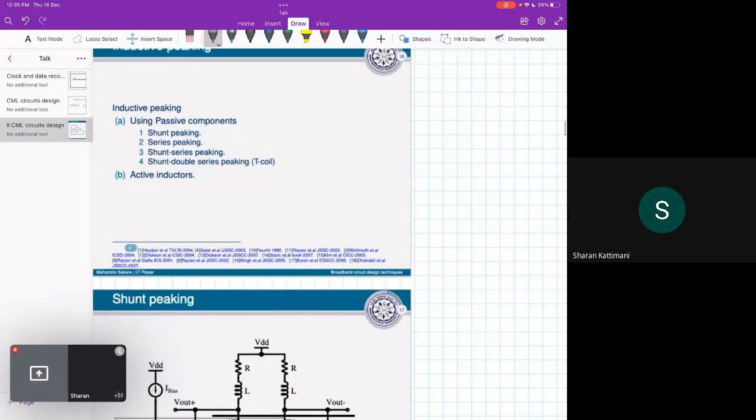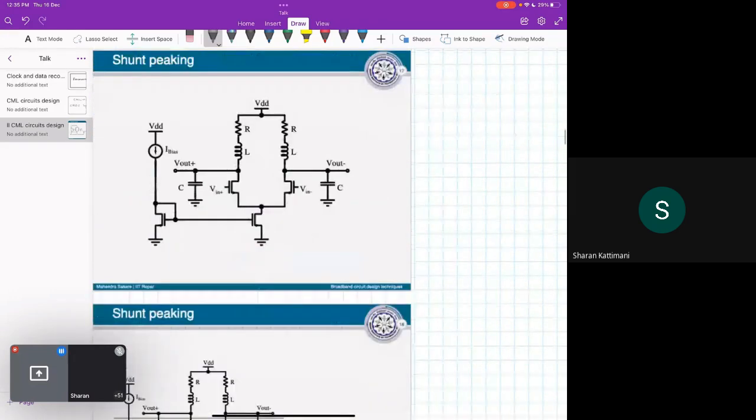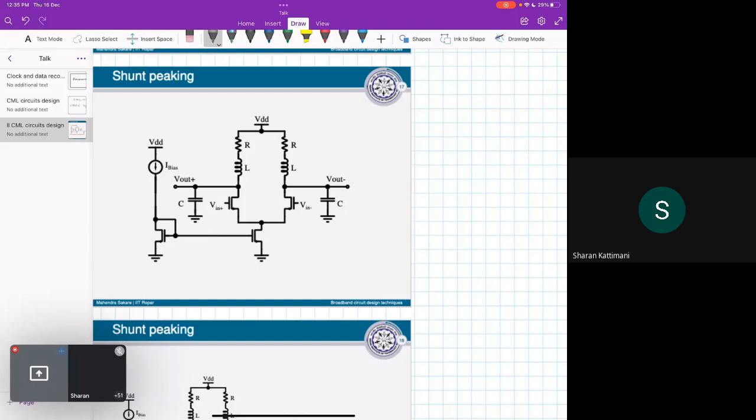Okay, then another technique is inductive peaking. In inductive peaking, what you will do is you will put an inductor in series with the resistor. Here you can see earlier we had only a resistor. Now an inductor is in series with the resistor.